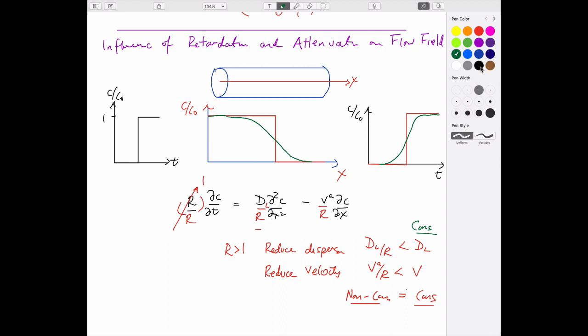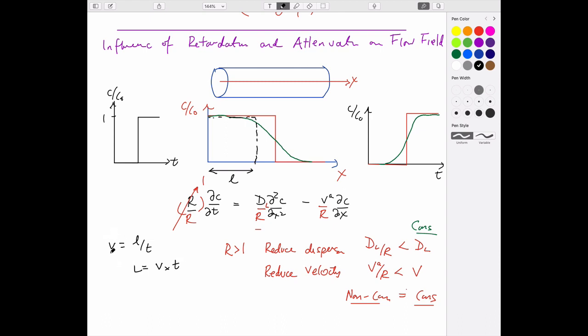So what would a retarded plot look like? So one is it goes less far. So I guess it would not go here, but it would go less far. So it would have traveled a length which we could imagine would be this length. Velocity is equal to length over time. So length is equal to the product of velocity times time.